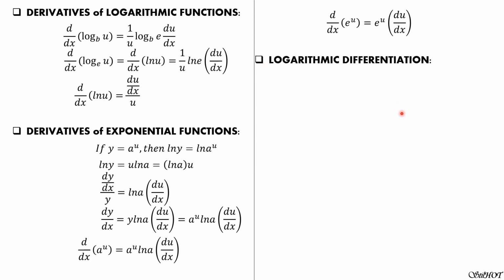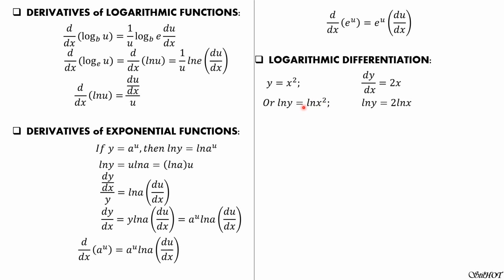So if y equals u to the v, where u and v are functions of x, let's have this illustration first. So of course, by direct power formula, if y is x squared, then the derivative of y with respect to x is 2x. Then if we use logarithmic differentiation, then we have ln of y equals ln of x squared.